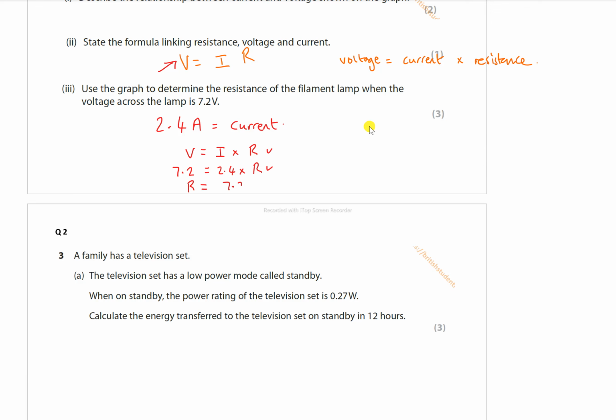R equals 7.2 divided by 2.4. And that will give you your answer. So we can write 3.0 ohms. Yep. Okay.